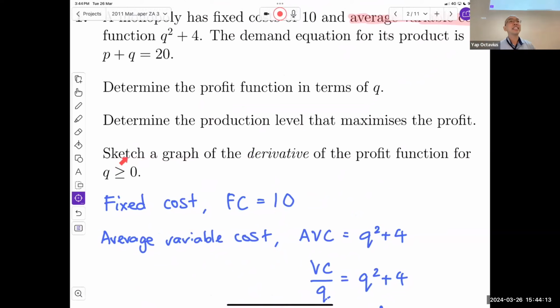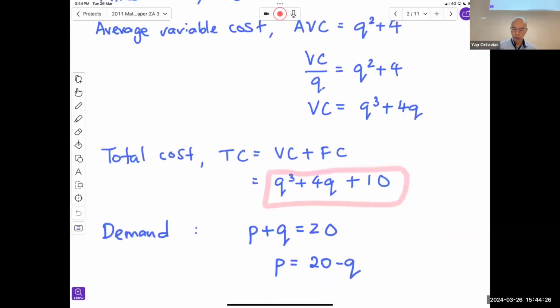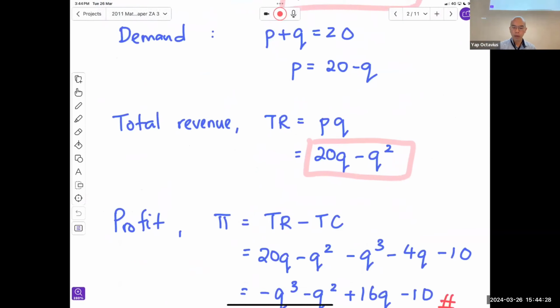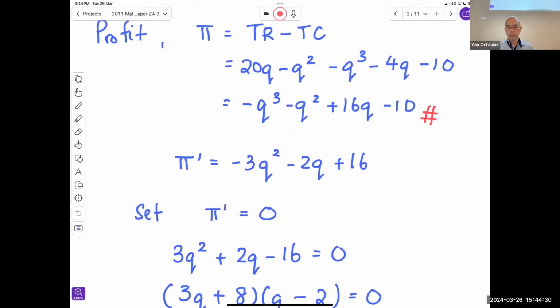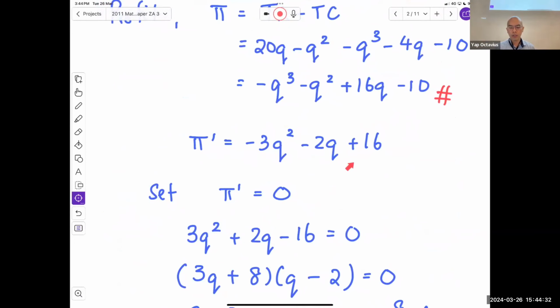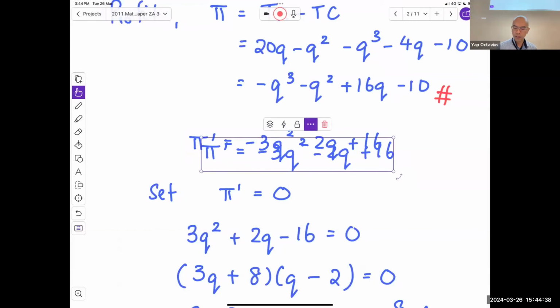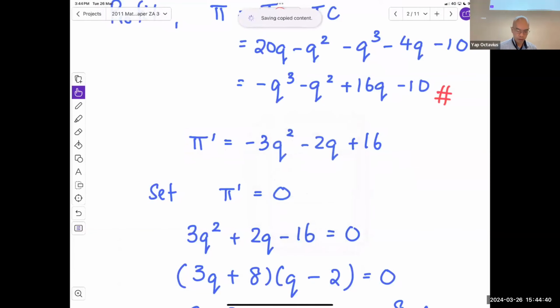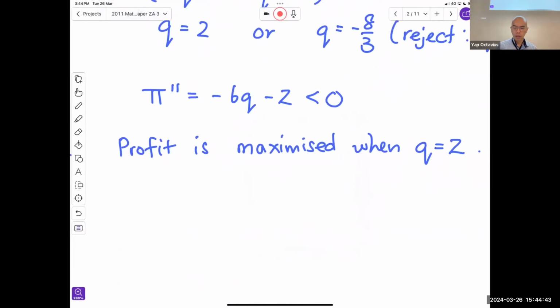It says sketch a graph of the derivative of the profit function. So they purposely put italic for this word is because they want you to sketch this one. Okay, they want you to sketch this. So come, let's capture this.